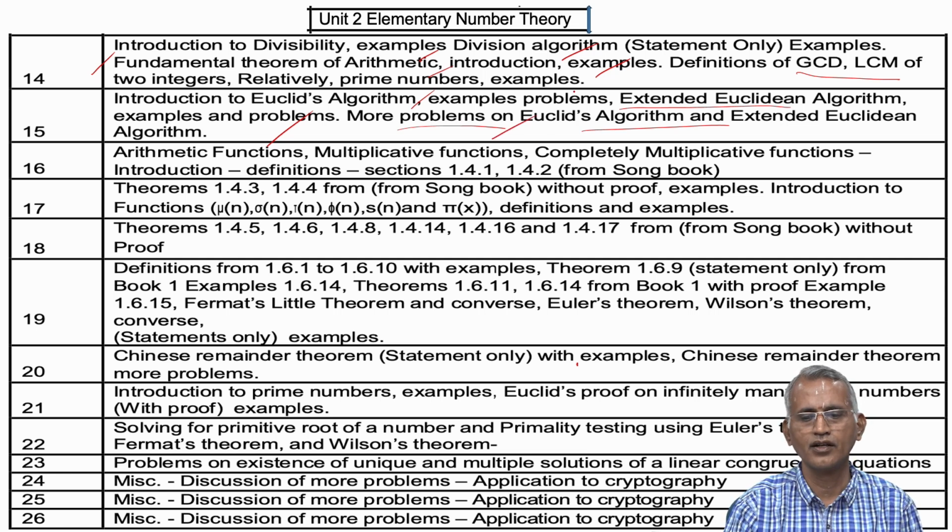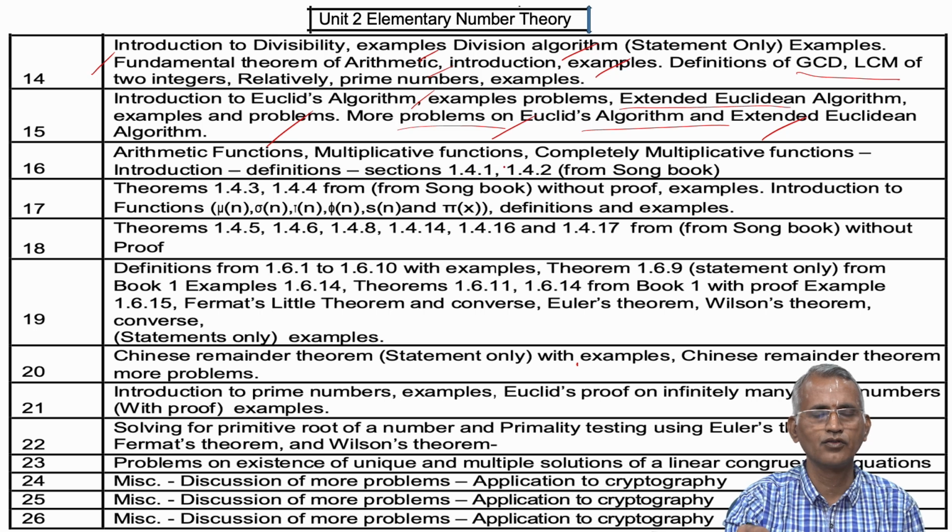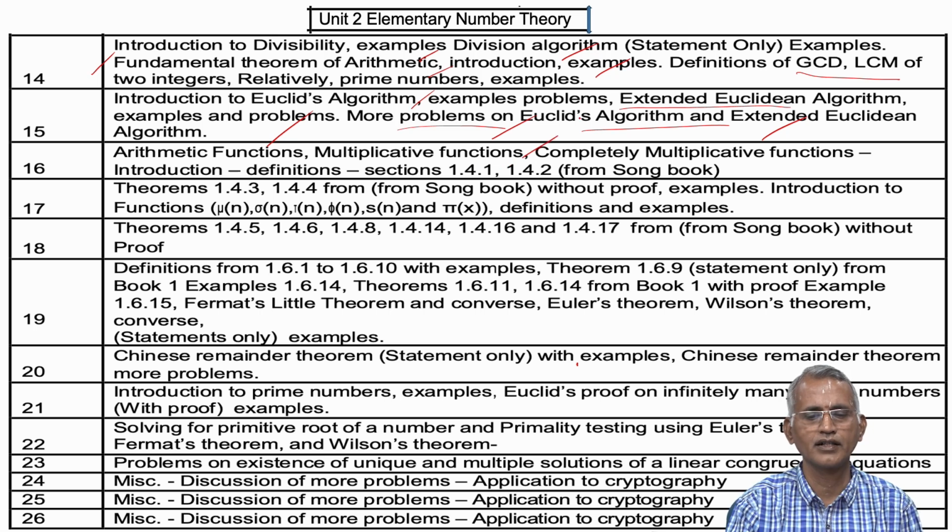multiplicative functions and completely multiplicative functions, and we use the book by Song, Elementary Number Theory. We have to understand the definitions from that book, and based on the definitions we have theorems, and we need only the statement of the theorem.